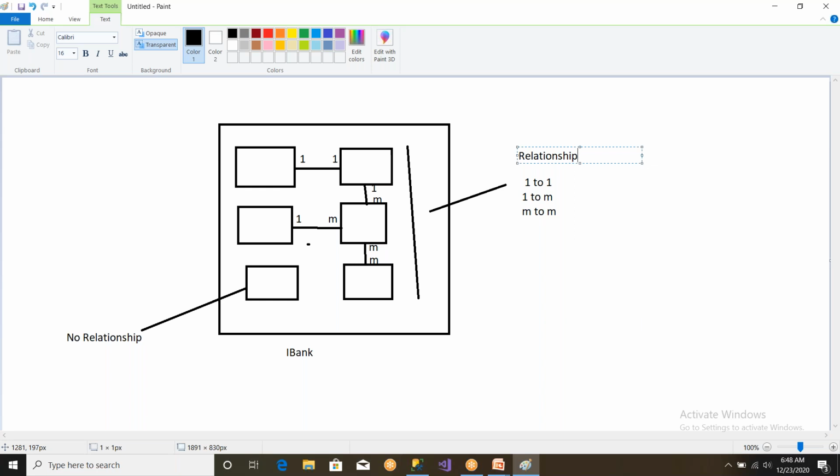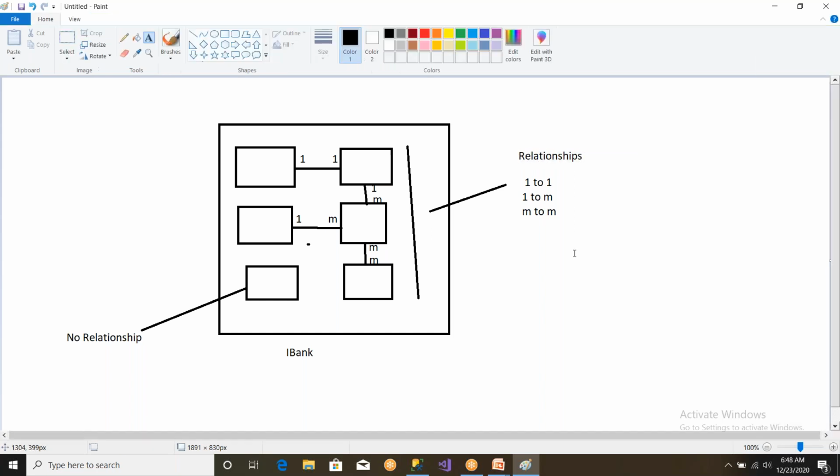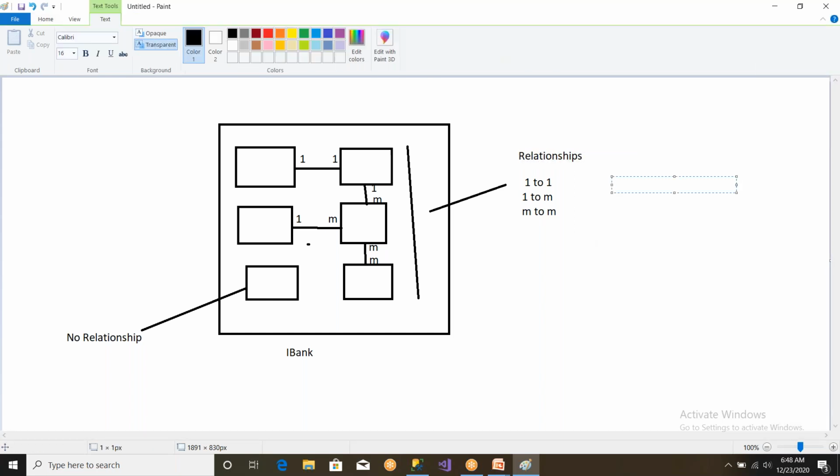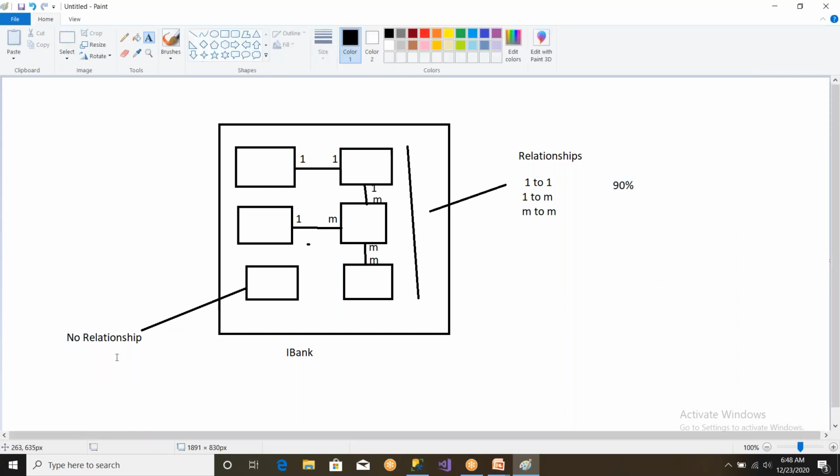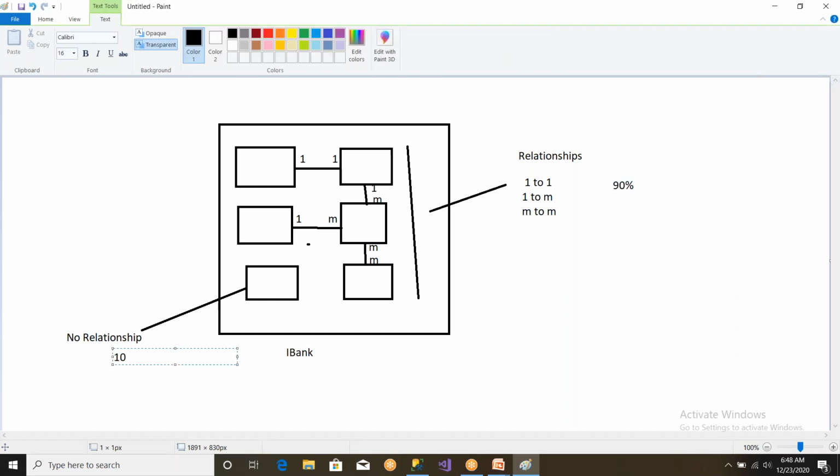If you don't have relationships, what should we do? Clear? 90% of the tables are in relationship with another table, so they are not independent. Only 10% of tables are called independent tables. They're not in any other relationship.